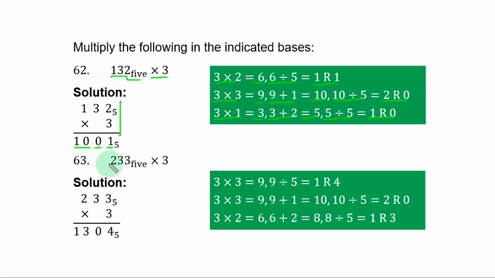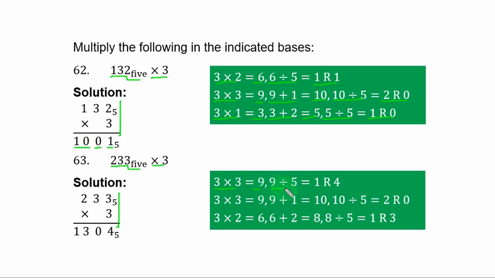Example 63. You have 233 base 5 times 3. You arrange the numbers for multiplication in the usual way, and you start to multiply from right to left, where you have 3 times 3 equal to 9. In base 5, you cannot write digit 9.